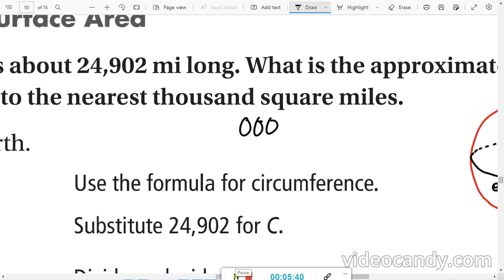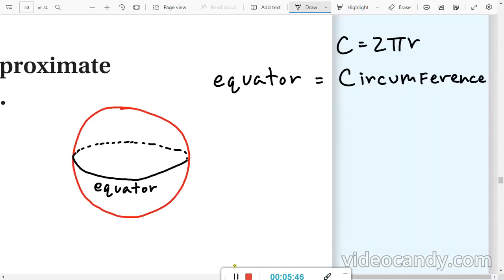The equator distance is 24,902, and that equals the circumference, which is 2 times pi times r.